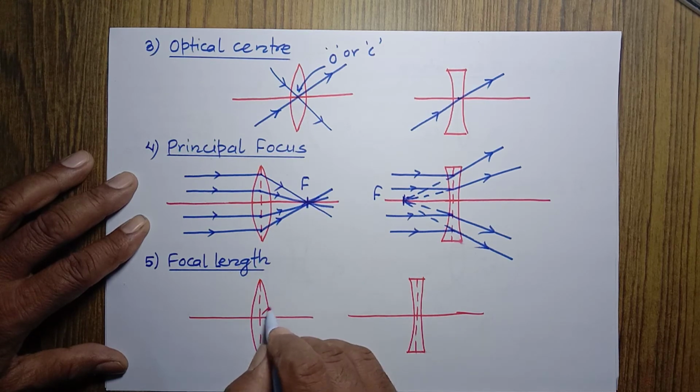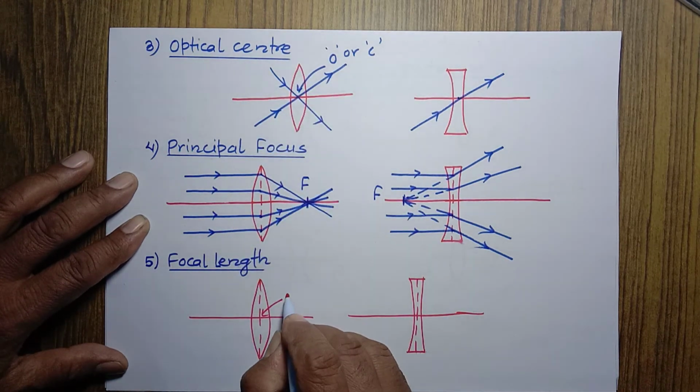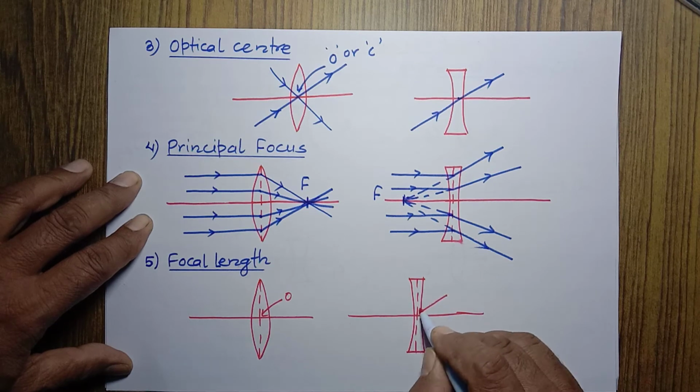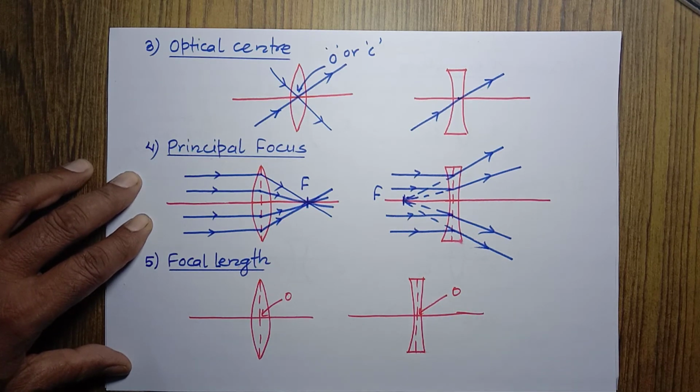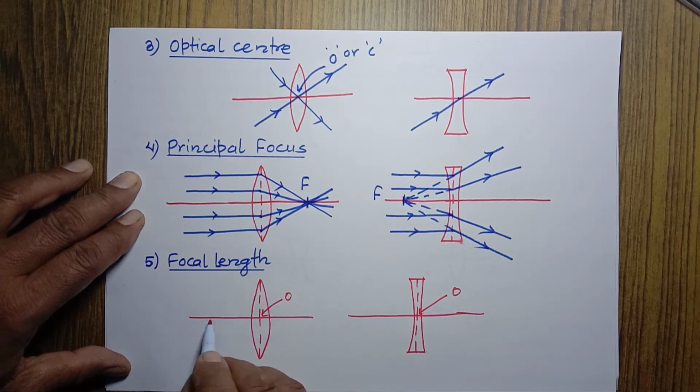Now this is the optical center, we know here it is. And the distance from optical center, this is, let's say, focus.